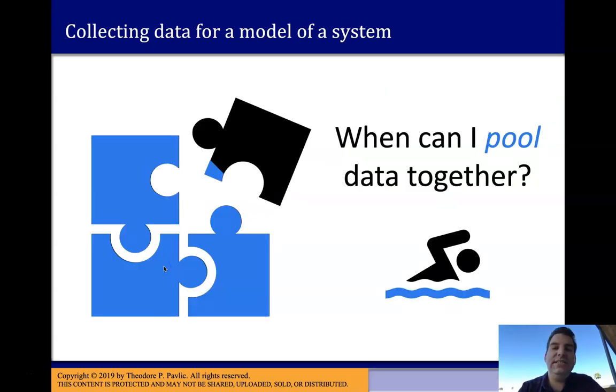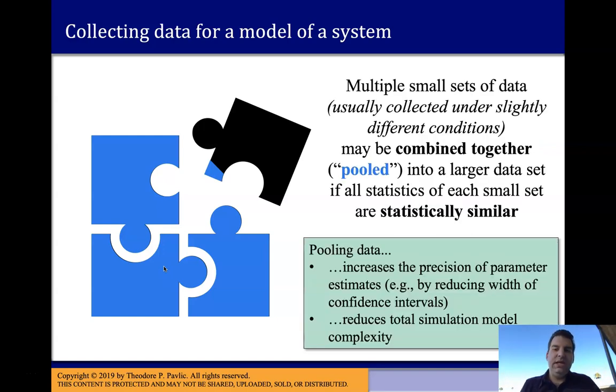Now, I mentioned just a second ago these arrival rates, and sometimes you can group these arrival rates together, and other times you really need to leave them separate. It would be a bad thing for me to group the arrival information from this time of day with a lunch period. But when can I group things together? So that's the question of pooling.